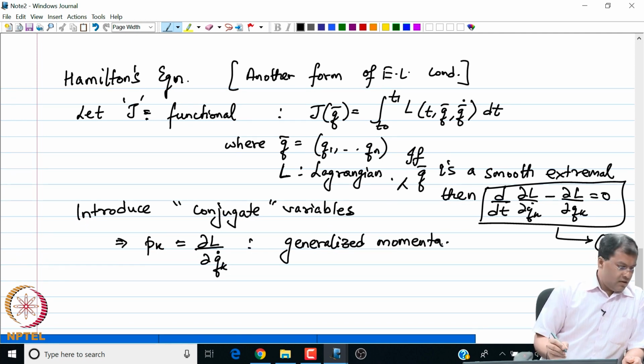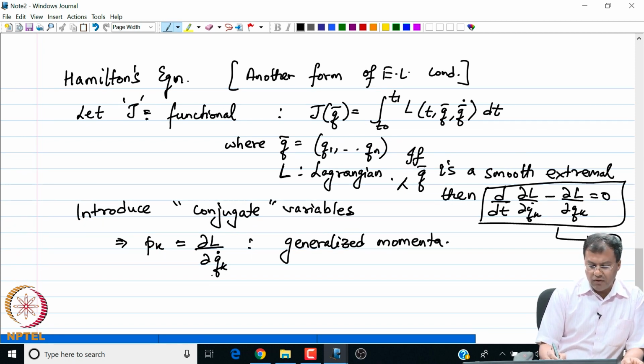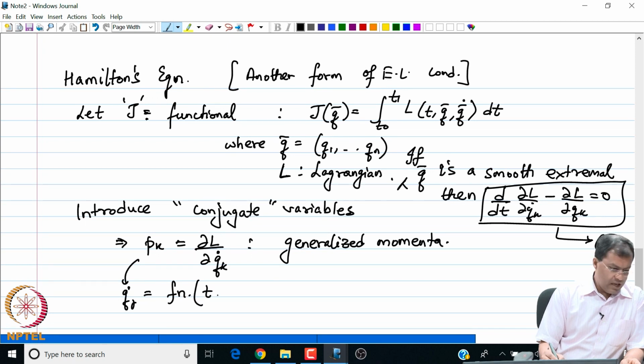Okay, and as we have just mentioned a few slides back, we can always invert this relation to find Qj dot in terms of Pj's. So this relation can be inverted to give me Qj dot as a function of t comma Qj comma Pj, right.